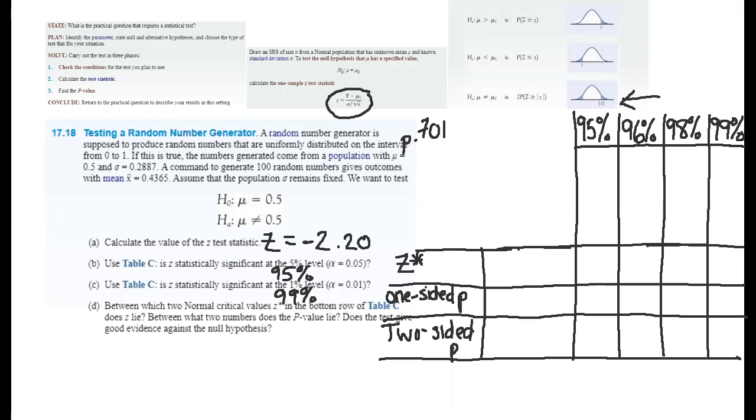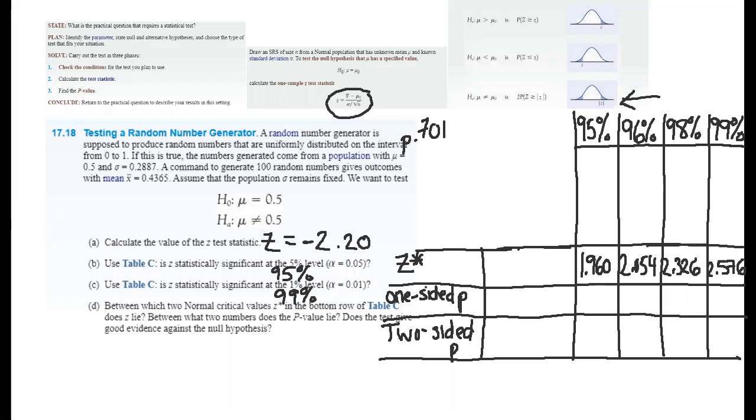Okay, so in these columns, I'll fill it out for us a little. 1.96, 2.054, 2.326, 2.576.